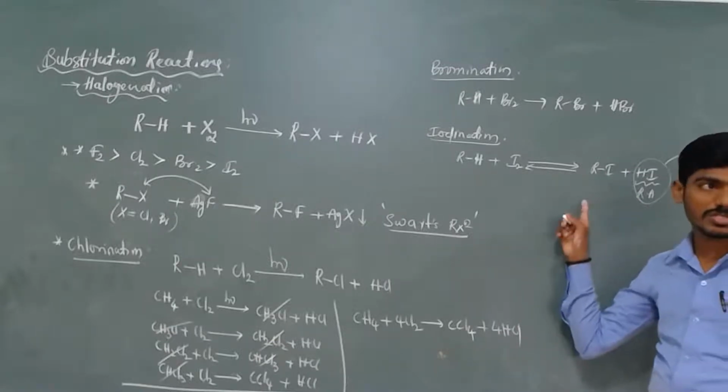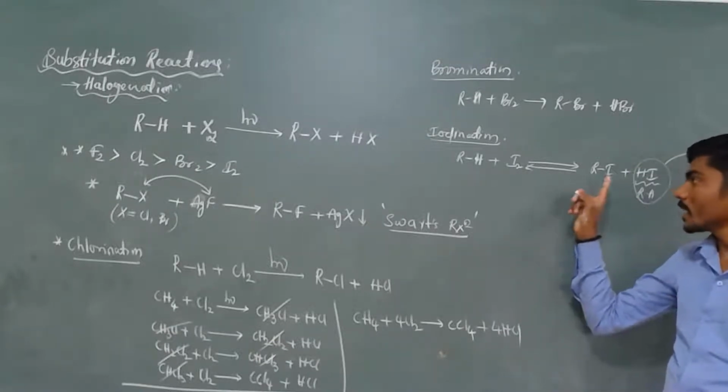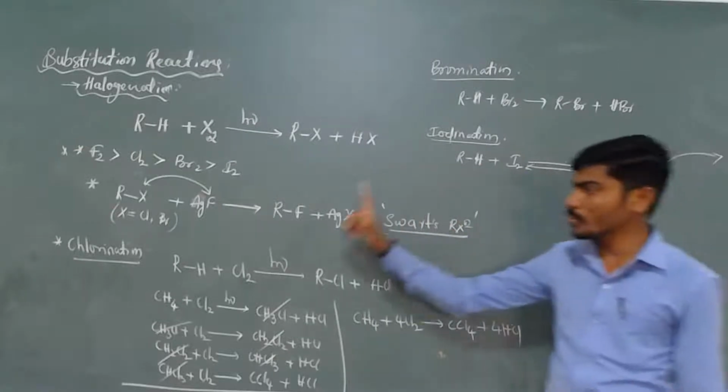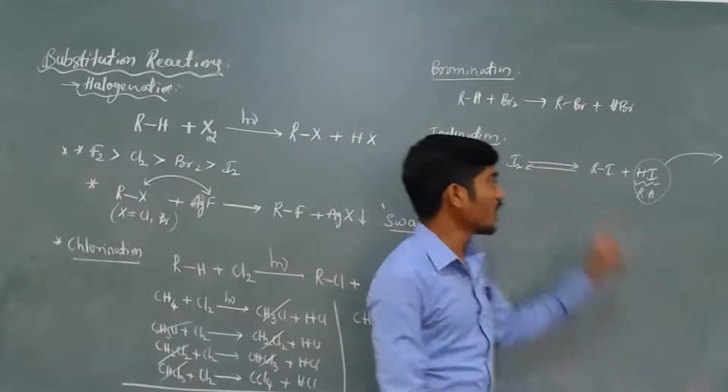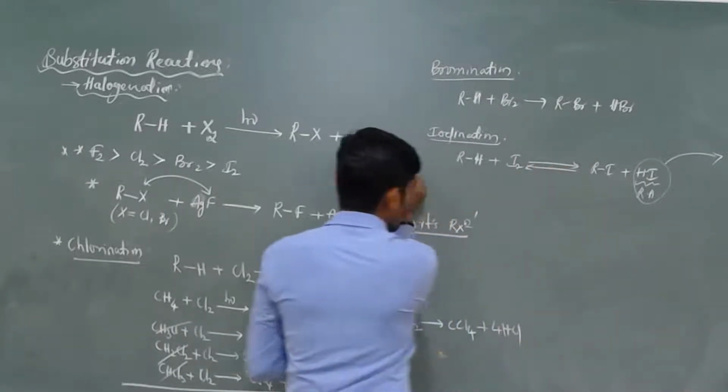Since this reaction is reversible, iodoalkanes can also be prepared by the halogen exchange method.